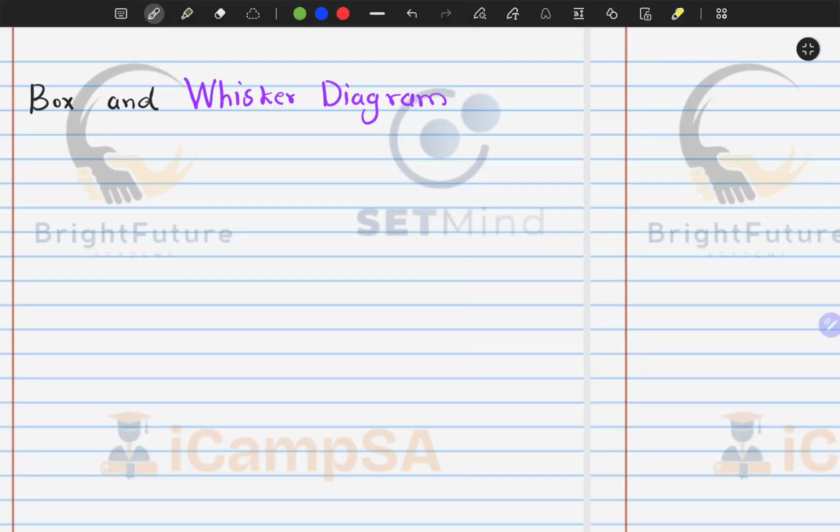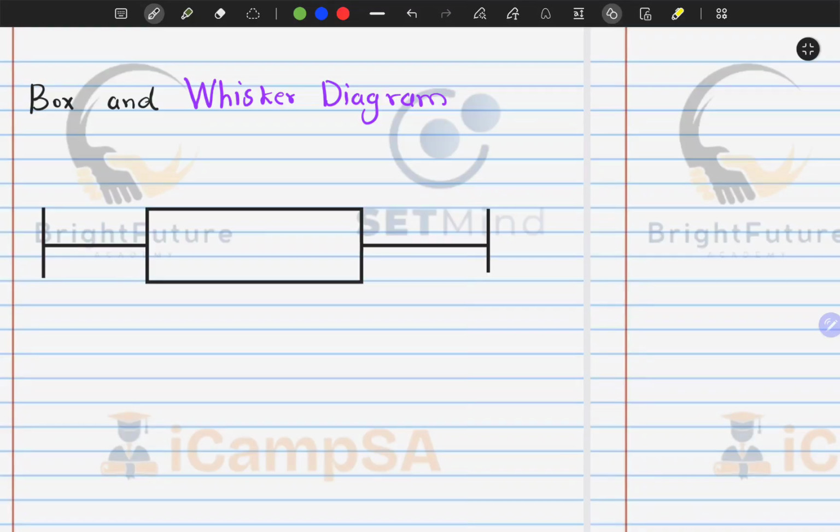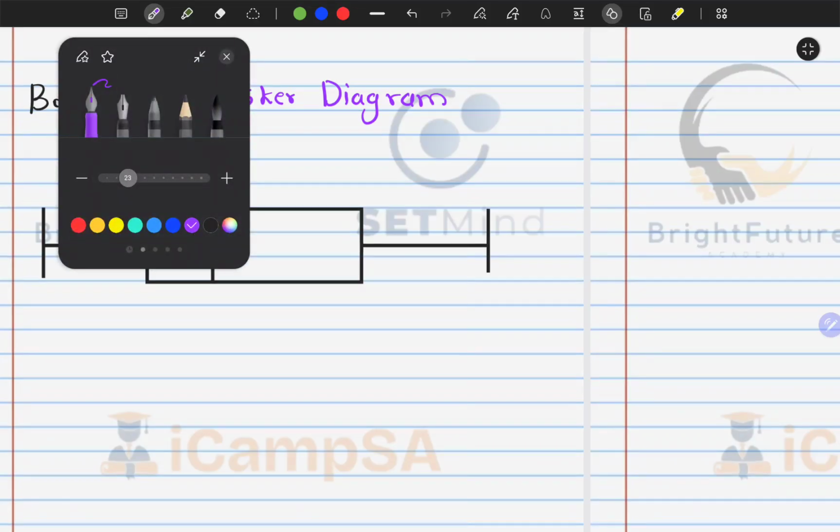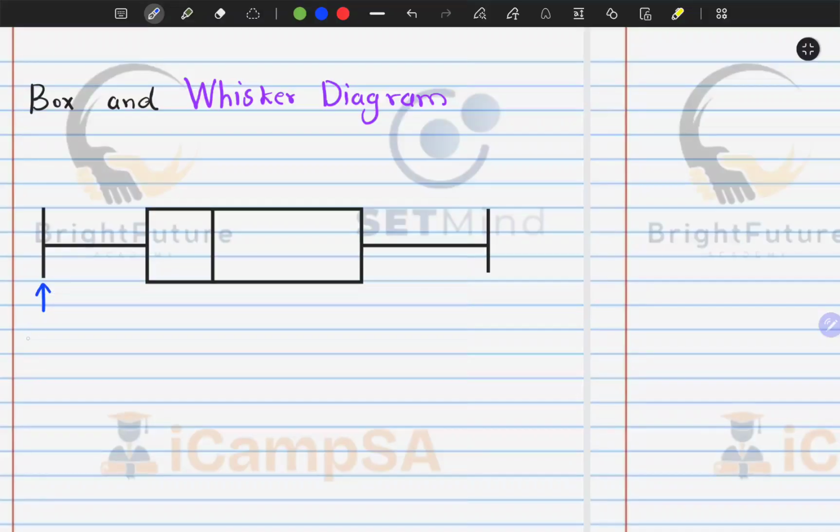Essentially, you'll have a box such as this one, with a line on the other side, and a line like that, and another line like that. We'll have some line inside the box. What is very important is exactly what these lines stand for. Here we put in our minimum.